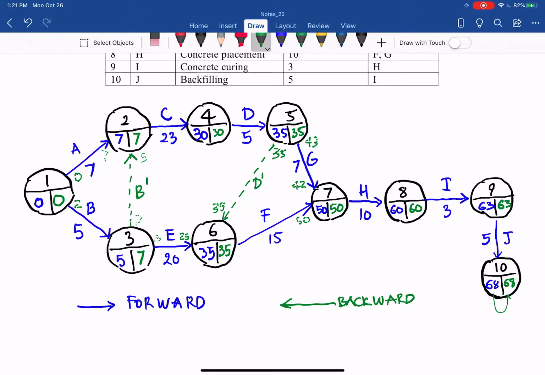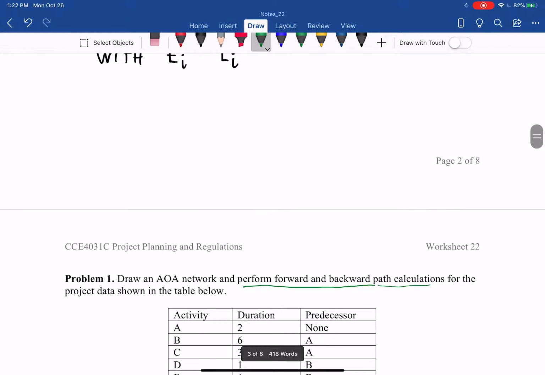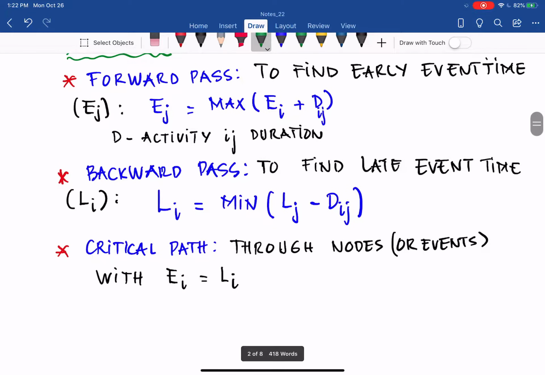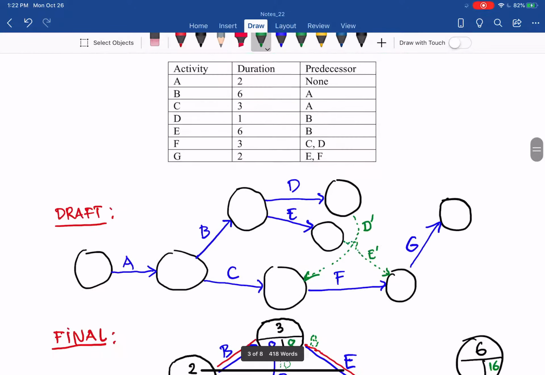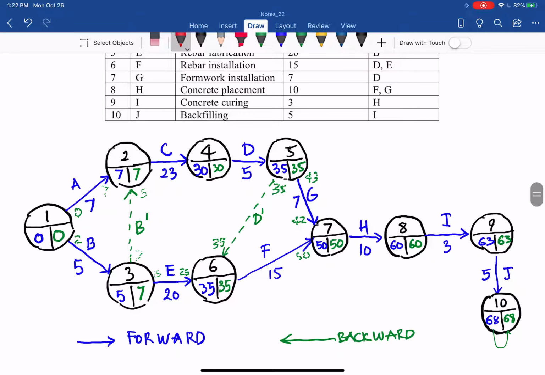And now we need to determine the critical path and critical activity. By definition, critical path goes through the node or event with early event time equal to late event time. So with that one, we can have node here 1 to 2, early event time equal to late event time. And then you have 2 to 4, early event time, late event time.